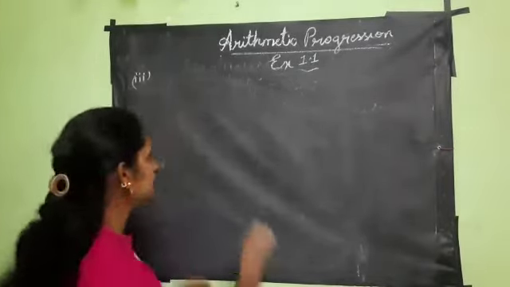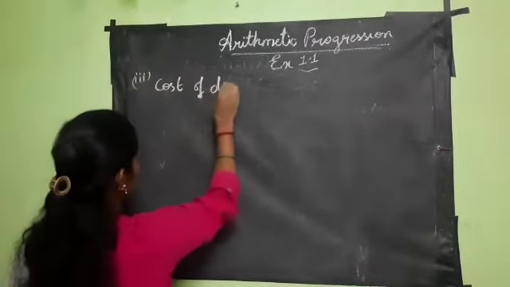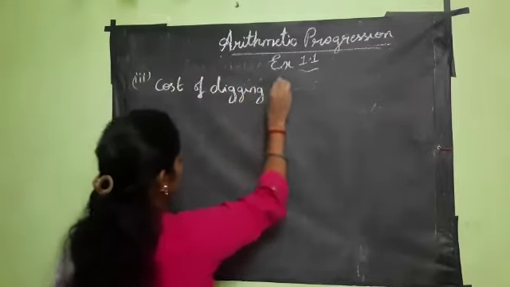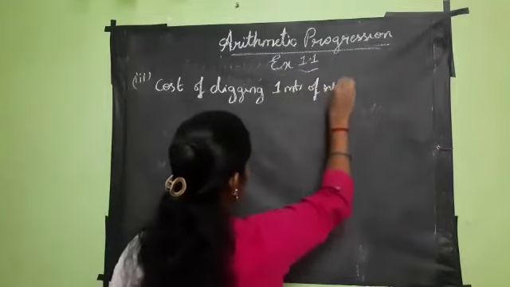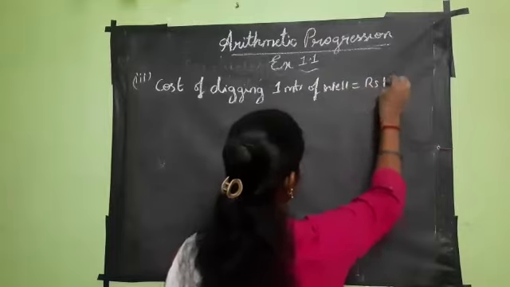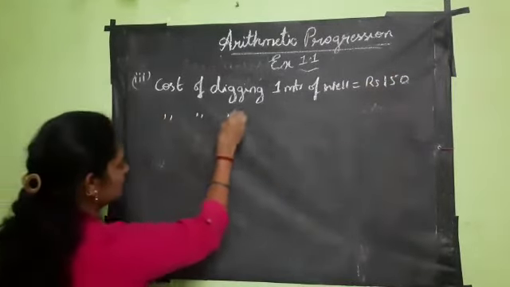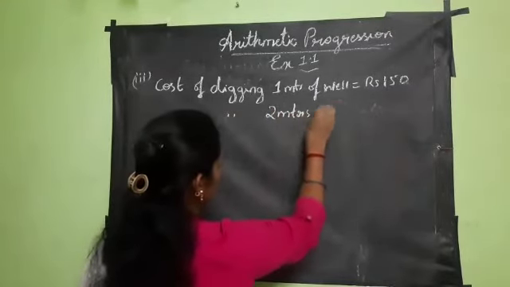So we can say that the cost of digging one meter of well. What is the cost of digging 1 meter of well? It is rupees 150. Then comes the cost of digging 2 meters of well.